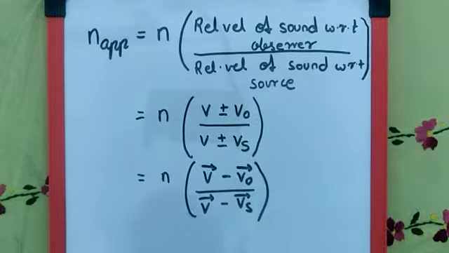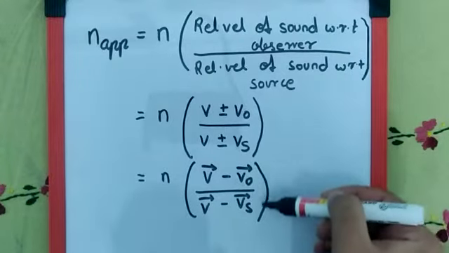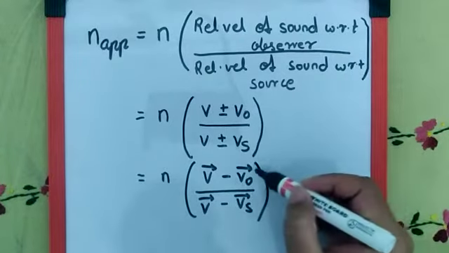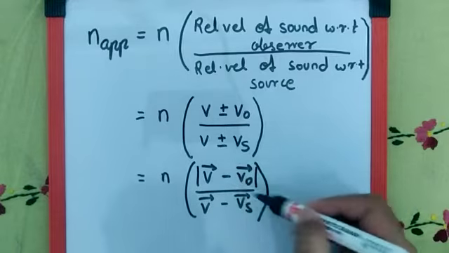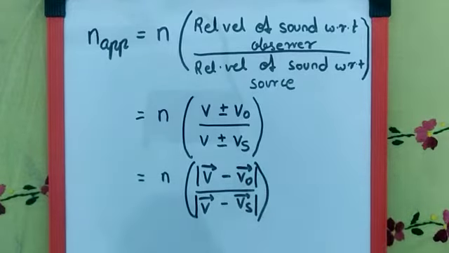Now I make this thing very clear that you cannot write this formula in any book or in any paper, because practically the division of vectors is not possible. But yes, you can use this formula as it is, with no issues.